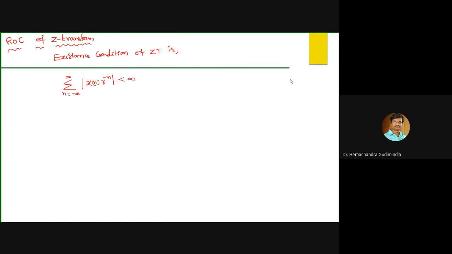So what is meant by ROC? ROC, region of convergence, is a set of values of small r for which the Z transform will exist.